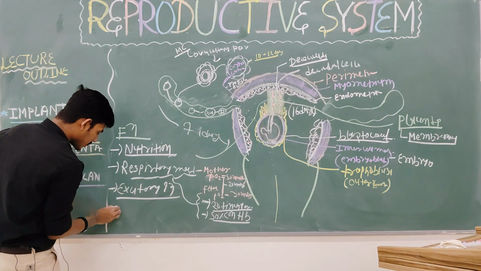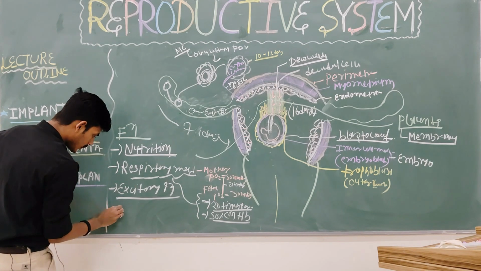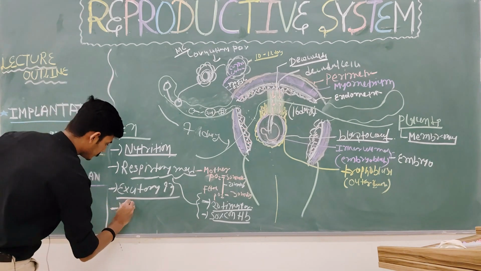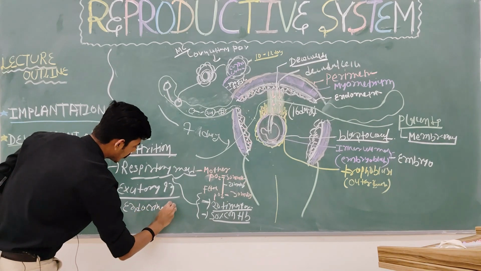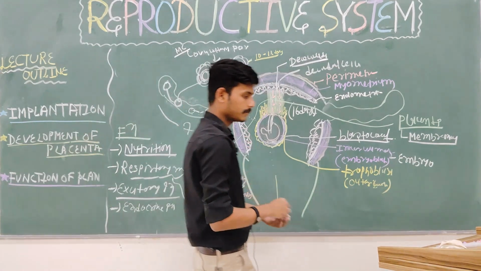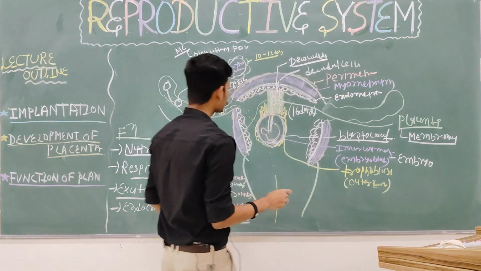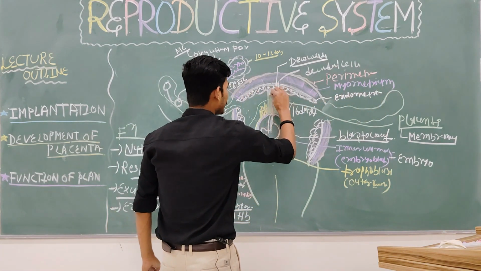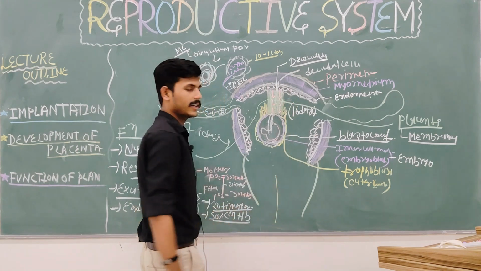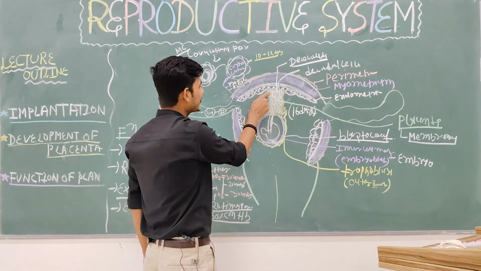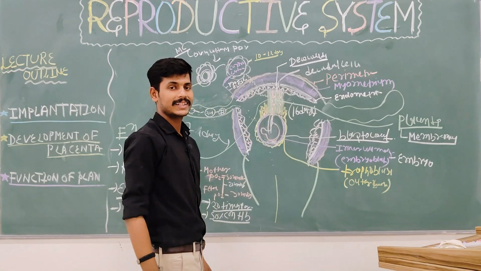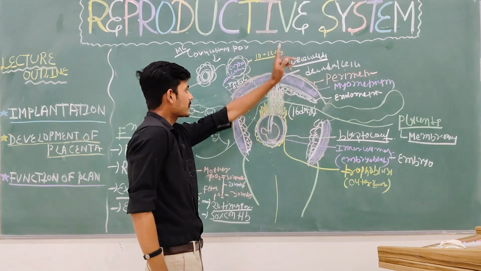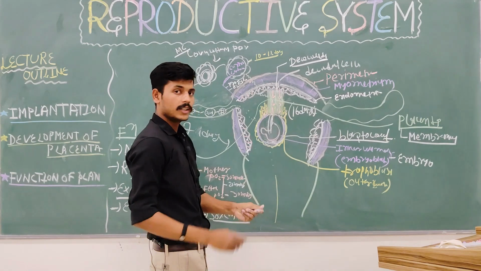The another function is endocrine function. Come here, see. You know that when the placenta developed, it sent a signal to the corpus luteum.